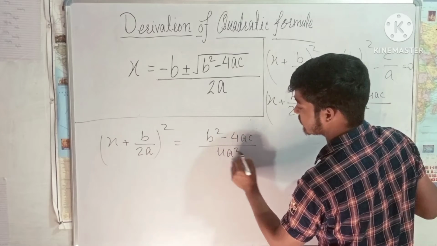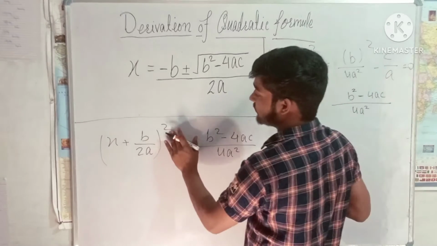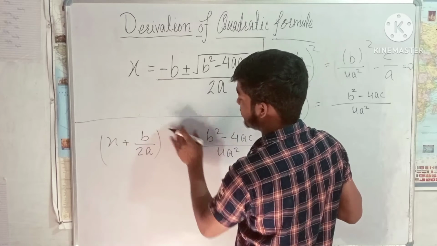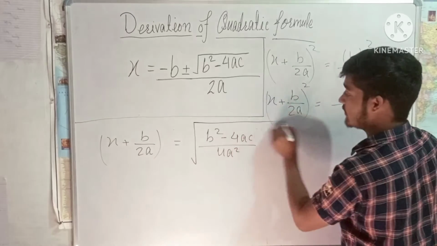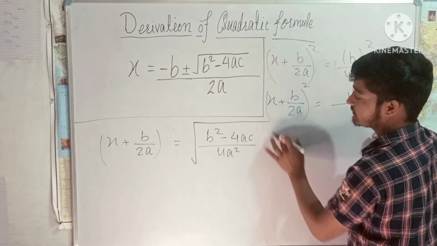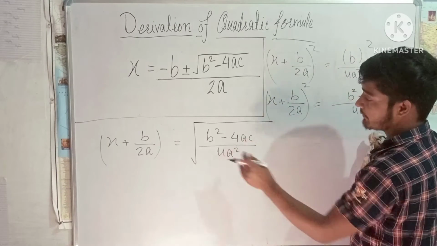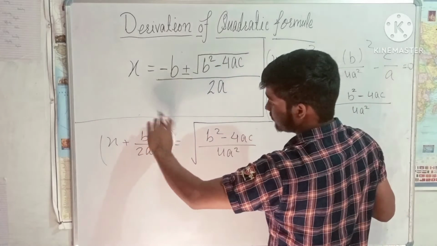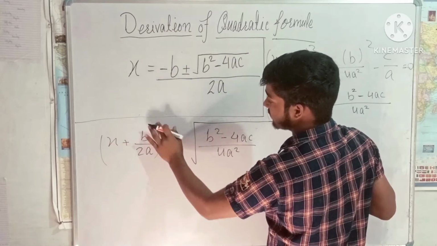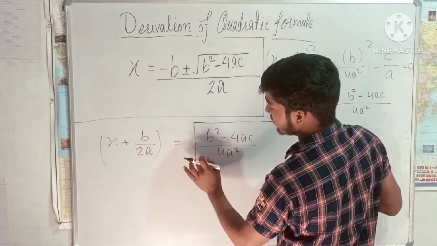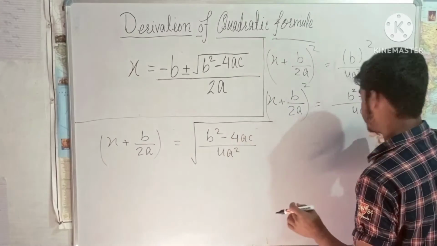If we remove the square on the left hand side, then on the right hand side there is a root. We applied the root because we removed the square from here. If we remove the square, then a root is applied.